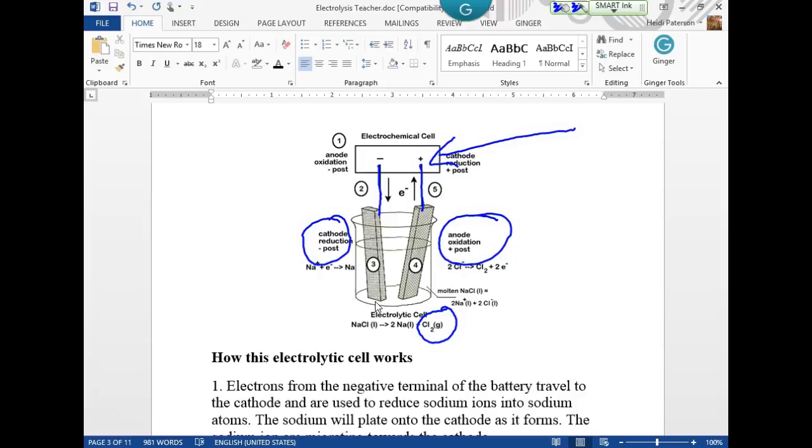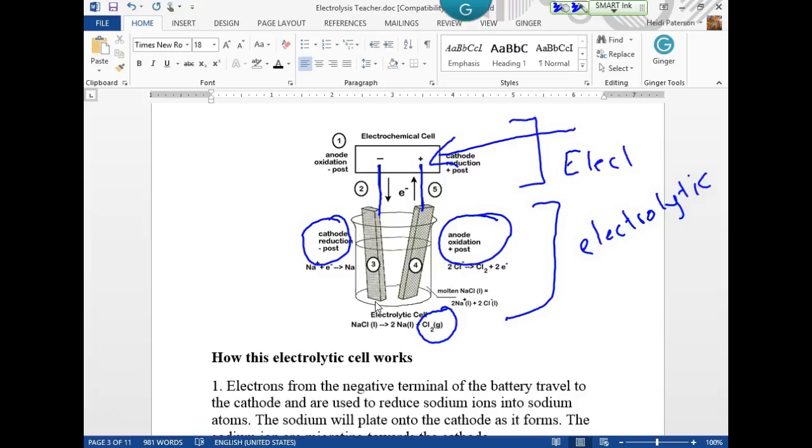Now what's really neat is that this here is an electrolytic cell, and this up here is the battery. And this is an electrochemical cell.